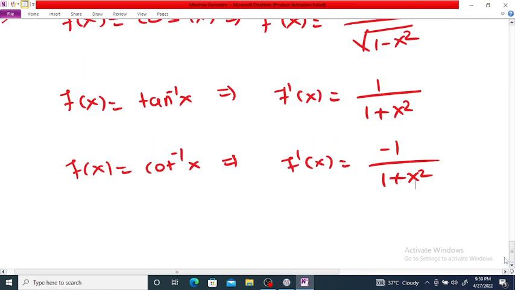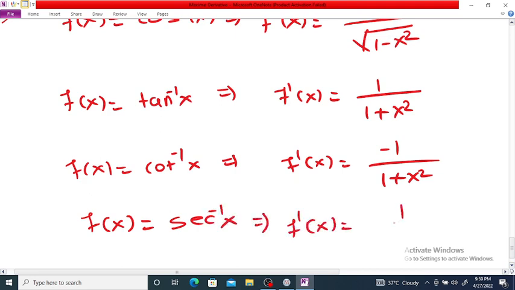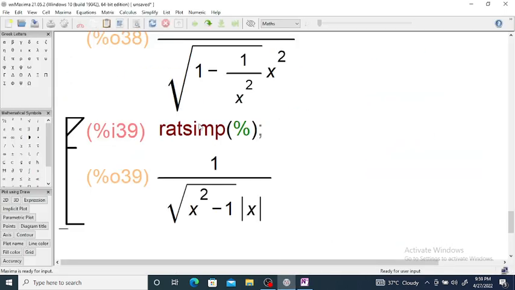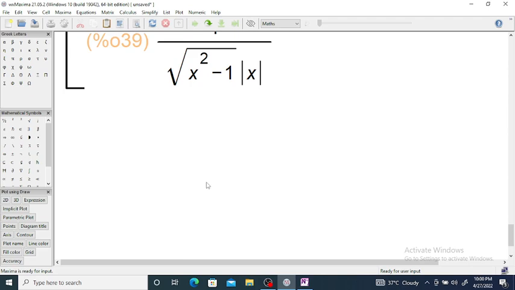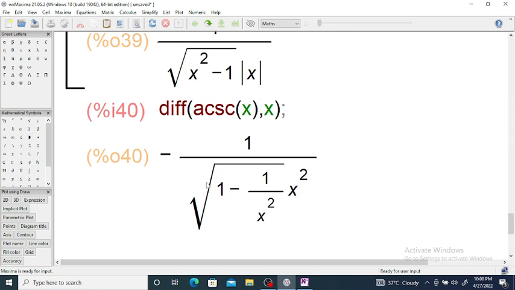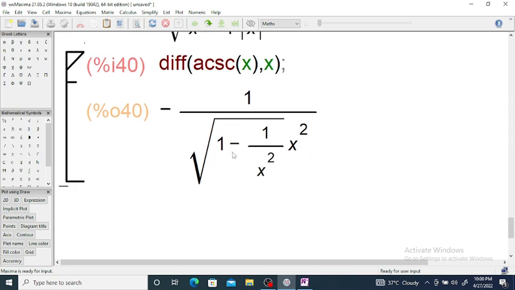So what is the derivative of sec inverse x? If f of x is equal to sec inverse x, then f dash x is equal to 1 divided by mod of x into square root of x square minus 1. Similarly, if you write the derivative of acsc x, that is cosec inverse x, independent variable x, you can check here it is minus 1 divided by square root of 1 minus 1 by x square, and outside the square root it is x square.